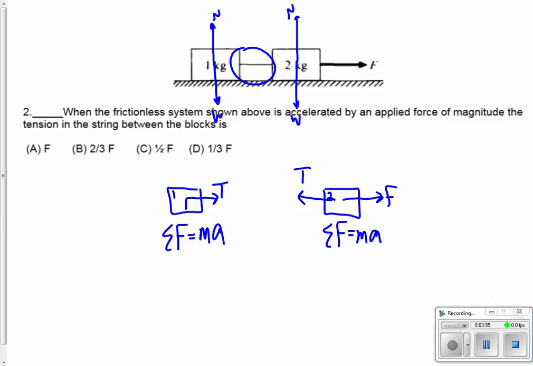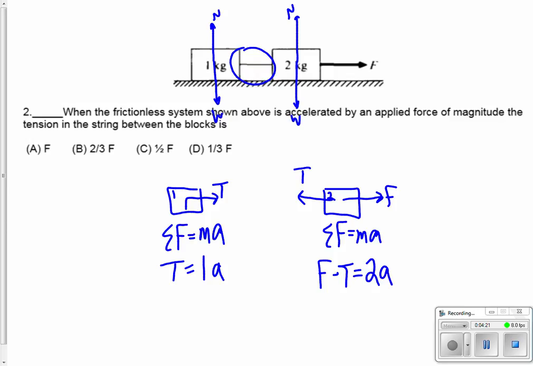So for the first block, T has to equal 1a. I leave the units out. I know it's not a great practice, but it helps you see through to the simple algebra of it. And then on this one, I'm just translating: F minus T has to equal 2a.